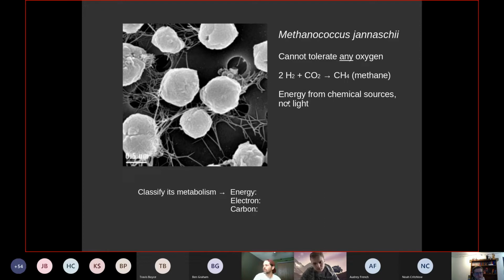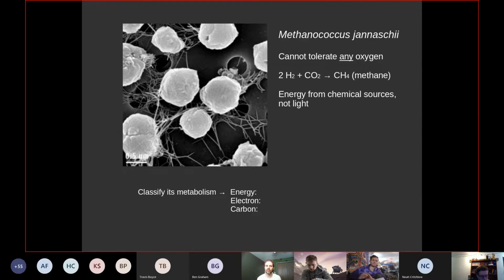And it doesn't get its energy from light. It gets it from chemical sources. So somebody classify its metabolism for me in terms of the major metabolic group names. Chemolithoautotroph? Yep, absolutely.